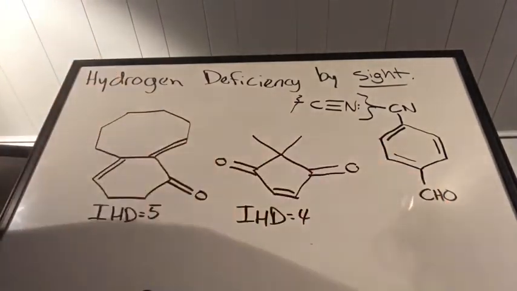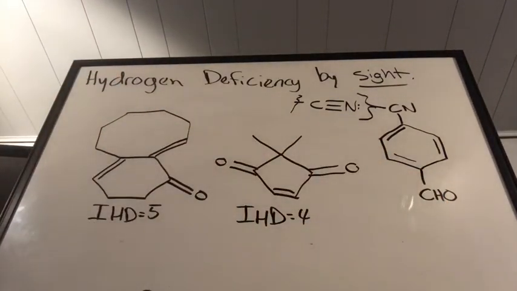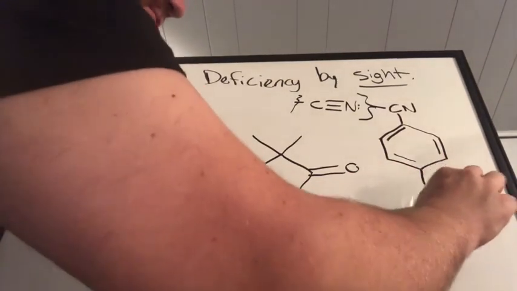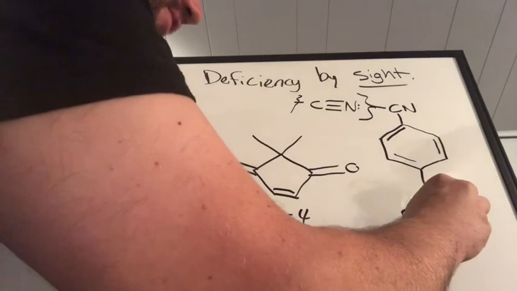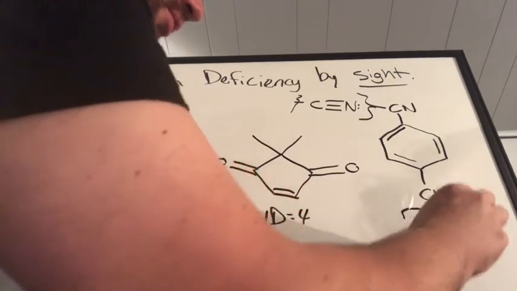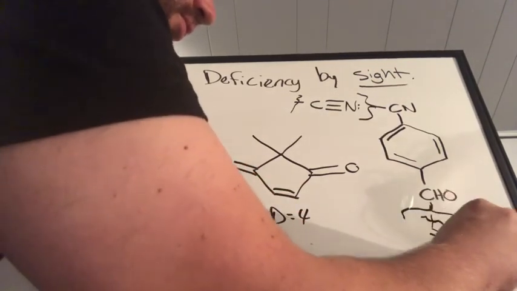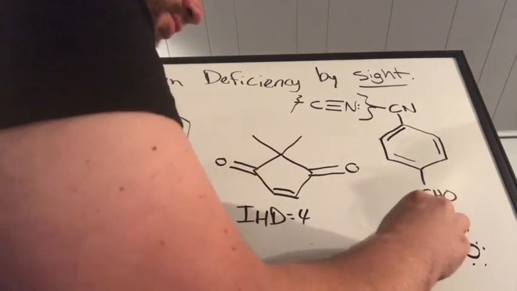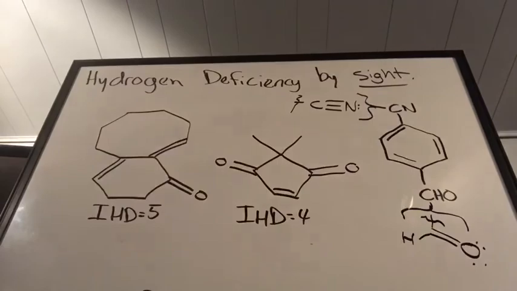Okay, and then CHO, so that's going to be what is referred to as an aldehyde, right? So in other words, okay, so there's 1 there.